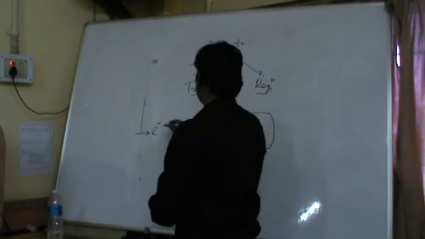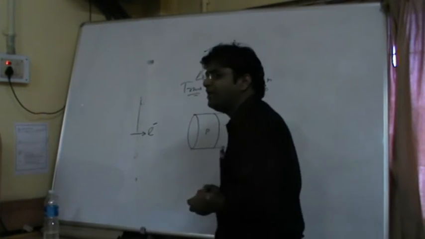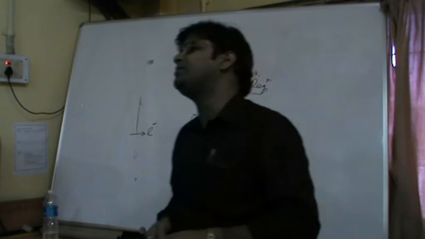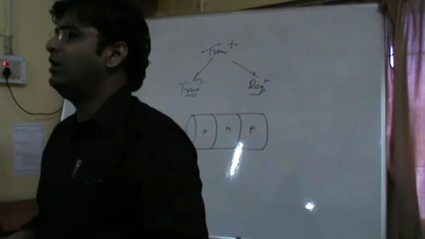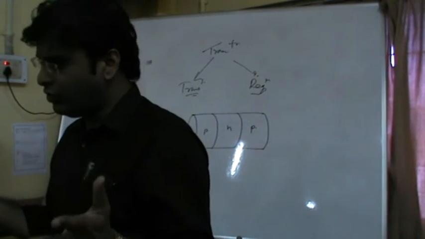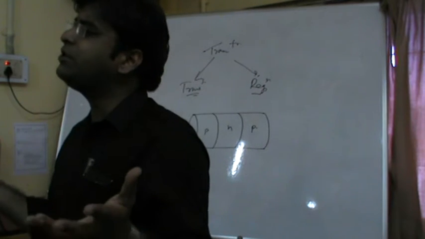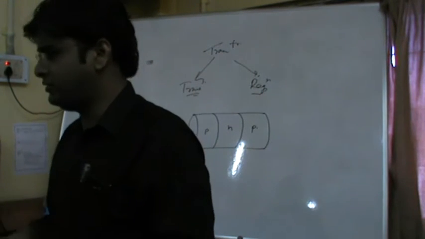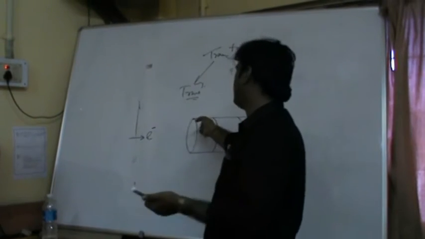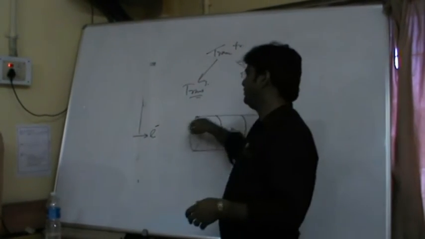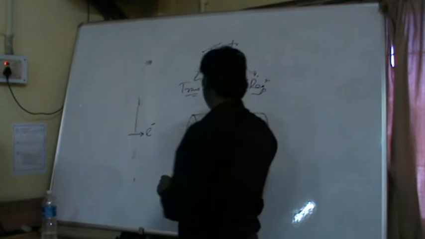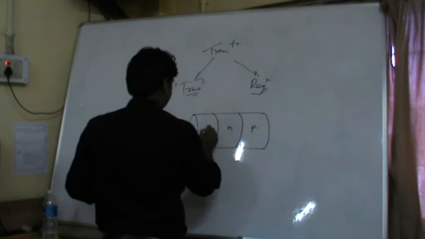This electron first comes to this position, this is P-type. I think you are all aware that in P-type material the majority carrier is the hole. The acceptability of electrons is too high here. As it is a hole, its attraction capability is very high. So it comes very easily to this position.